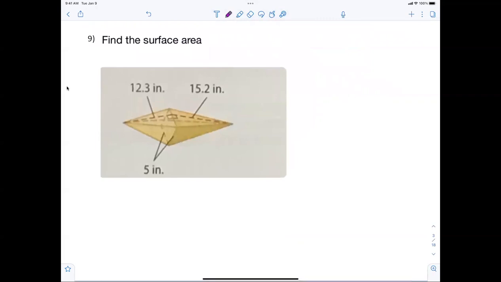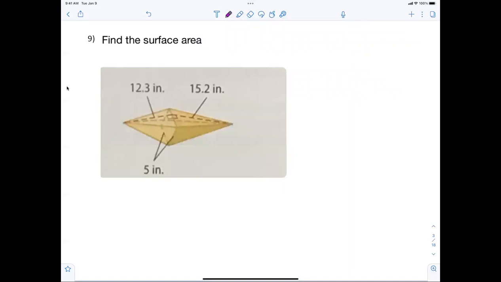All right, now the surface area. Are there any bases involved in this? Is there a base involved in this surface area? The answer is what? No, there is not. There is no base. All right. You're not talking about what's inside the figure.